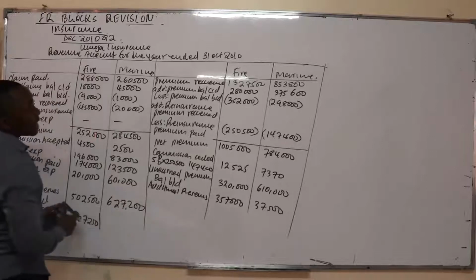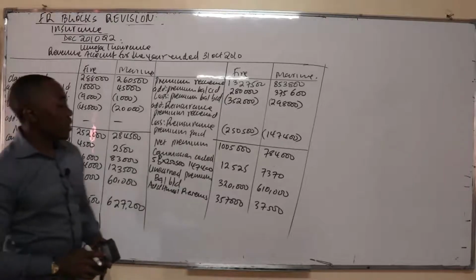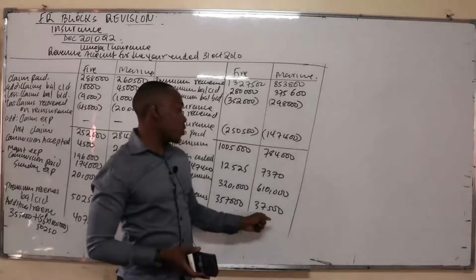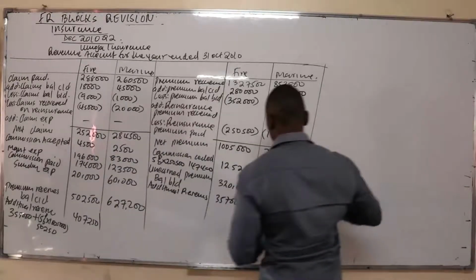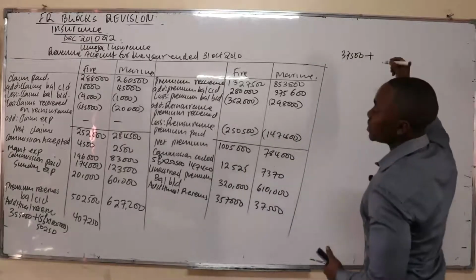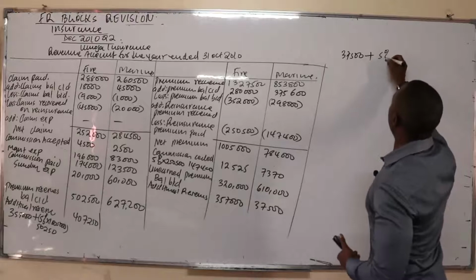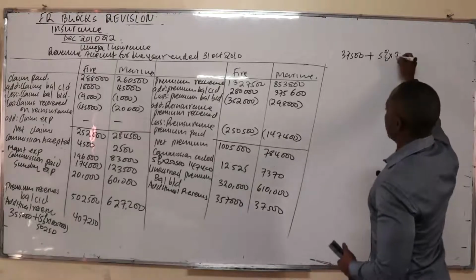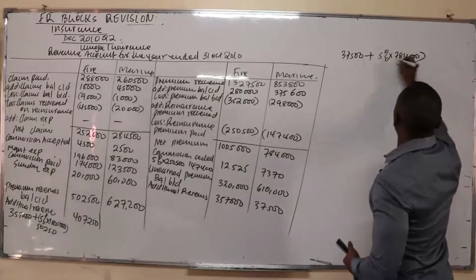Let's do now for marine. For marine, the additional reserves balance carried down was 37,500. Then we increase by 5% of the net premium. Sorry, 3% of 784,000.